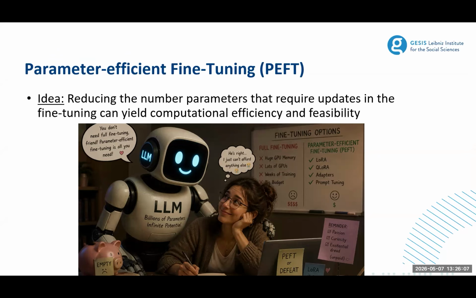If we reduce the number of parameters that we need to update during the fine-tuning, then we can make the computation more efficient and finally also feasible. Because many of the models we can simply not run. I mean, even a Llama 7B, which is not one of the biggest models, is almost not possible for the standard user to fine-tune.